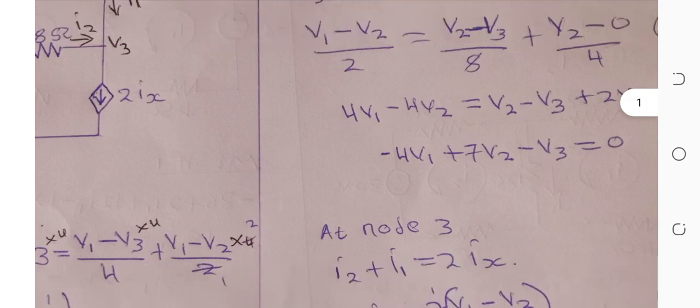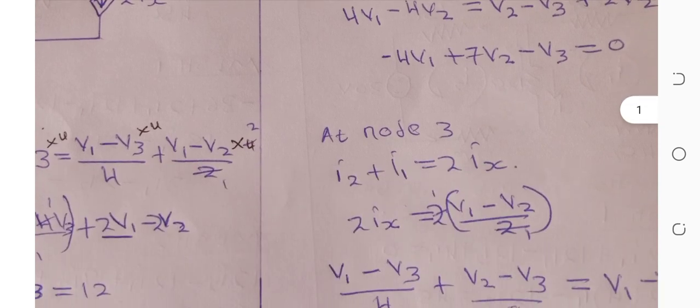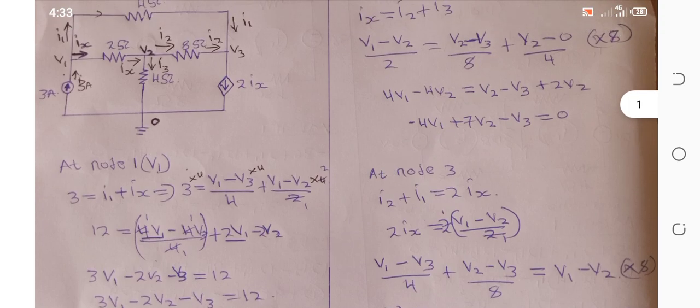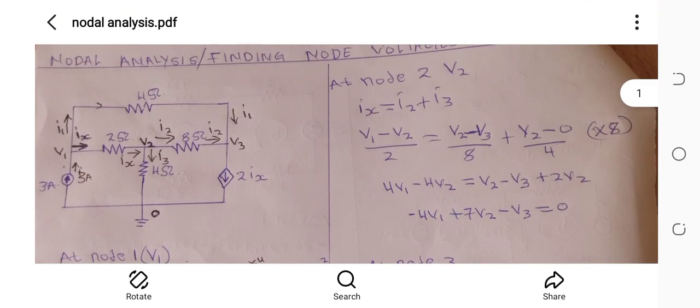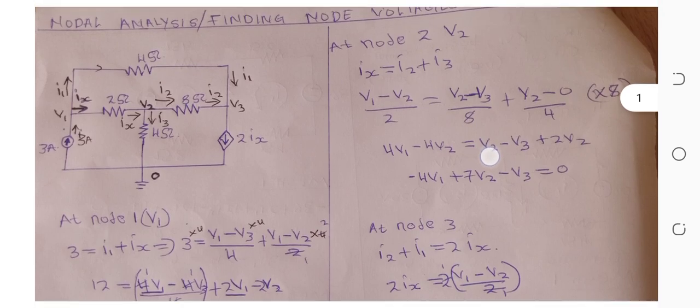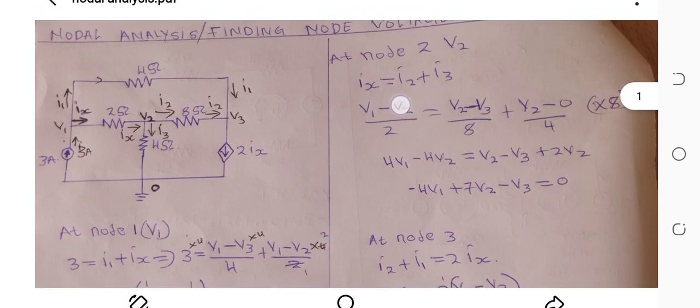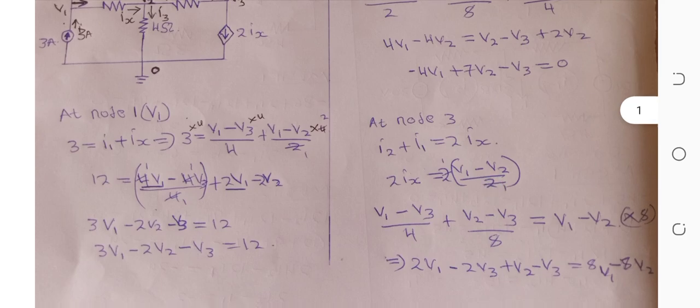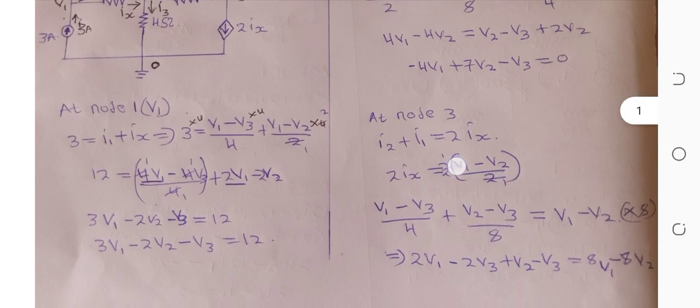To find that, having 2Ix, our Ix is here, so we replace it here. So we have 2Ix is equals to 2 times V1 minus V2 all over 2. Dividing by 2, the 2s will cancel.